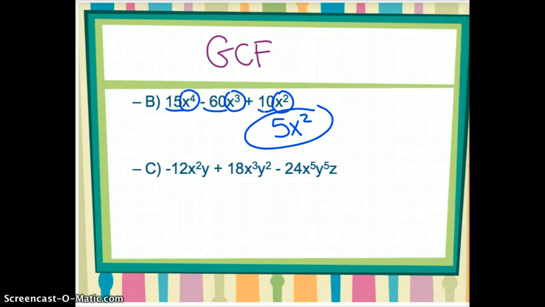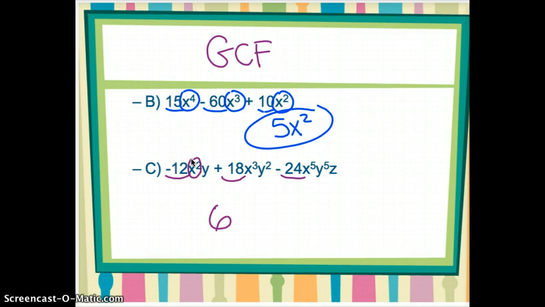Okay. When I'm going to look for the GCF of negative 12x squared y plus 18x cubed y squared minus 24x to the 5th y to the 5th z, I'm going to look again and break it up into each part to help me organize. So negative 12, 18, and negative 24, it looks like the biggest number that goes into all of those is 6.